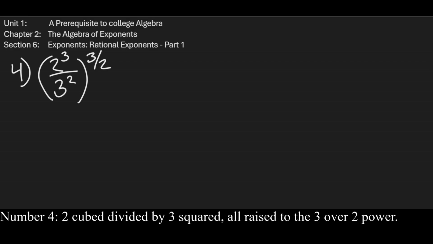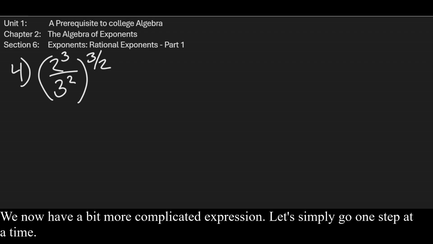Number 4, 2 cubed divided by 3 squared raised to the 3 over 2 power. We now have a bit more complicated expression. Let's simply go one step at a time.